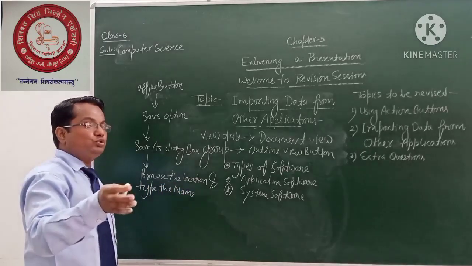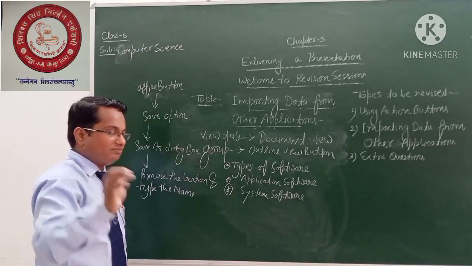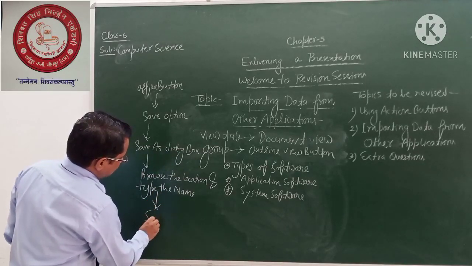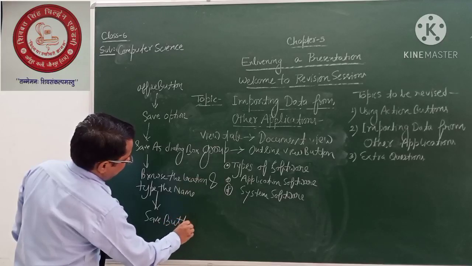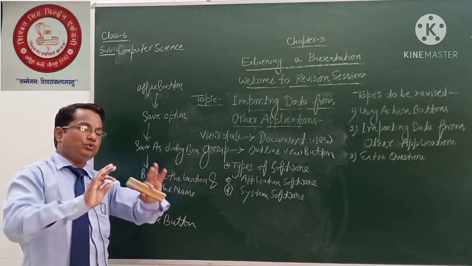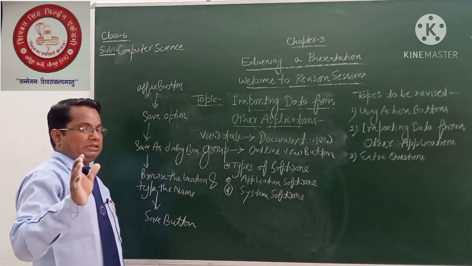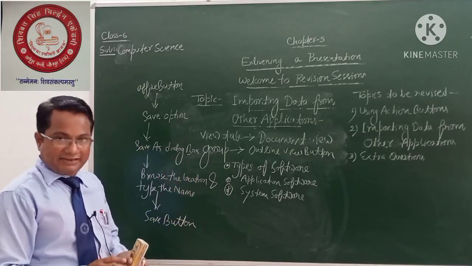That name will be used for reopening that file, right? So you have to give the name also. Type the name, and finally, click on the Save button. Now your MS Word file is totally saved. I hope these steps are very clear to you, right?